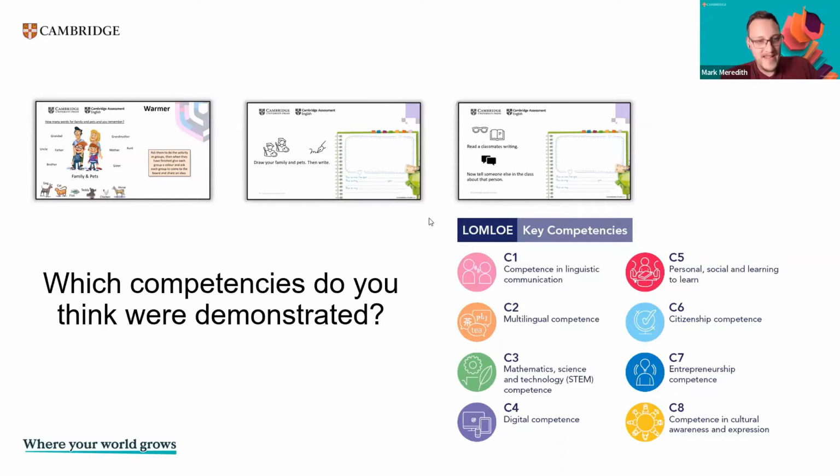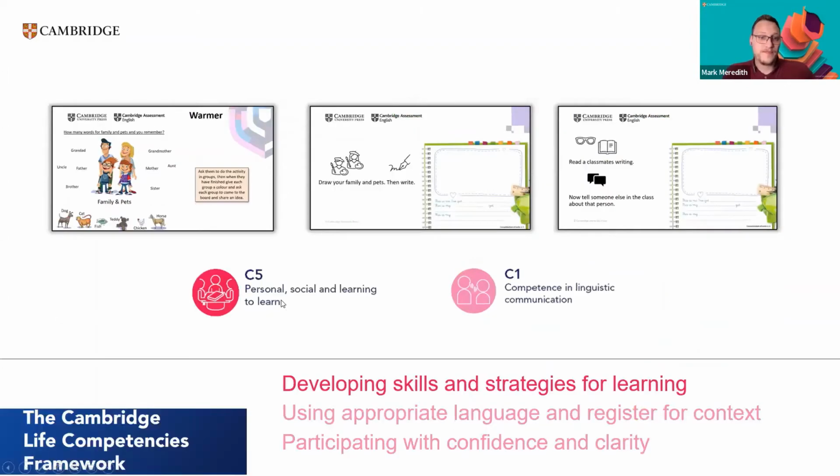Brilliant. Nice. Okay, good. So lots of lovely ideas, lots of suggestions. We've actually put together a couple of examples. So we felt, like you, linguistic communication and personal, social, and learning to learn. Why?